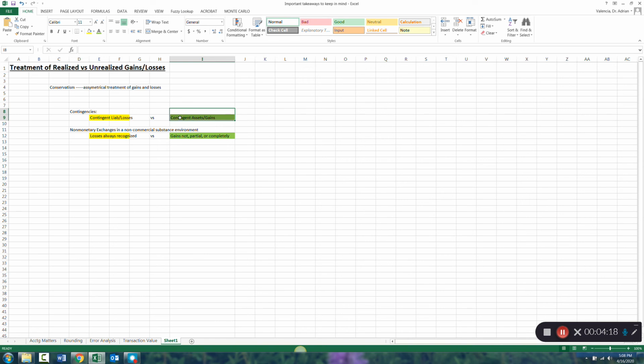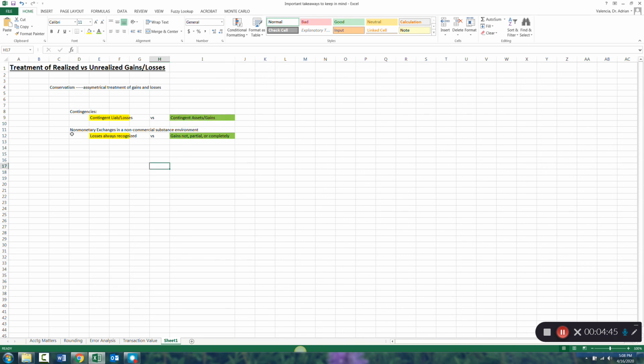But keep that in mind. In the example I just gave you, you have not realized the loss. Okay, there's still an unrealized loss if it's something that could happen in the future, but nevertheless you still have to recognize it. Whereas here you could get some money and it's highly probable in the future, but it's still unrealized, and because it's a gain, we do not recognize it.